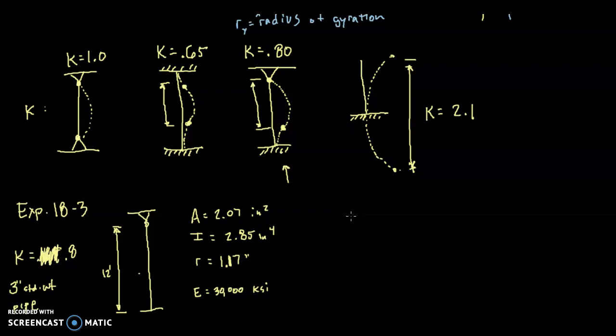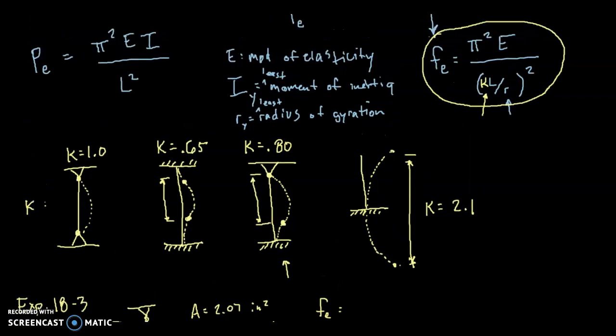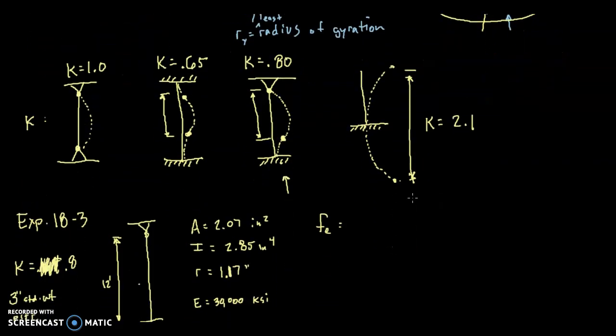So rather than jumping directly to the load, we're going to calculate the Euler stress, F sub E. Using Euler's equation, F sub E is pi squared E over KL over R squared. So that's pi squared times E. E is 30,000 KSI.